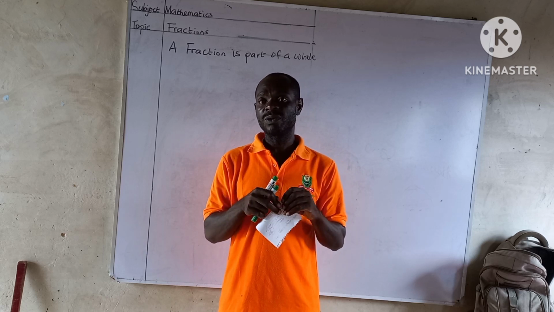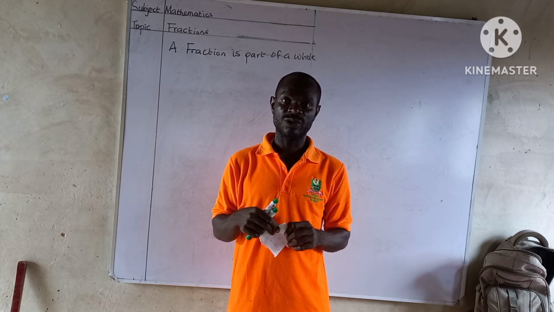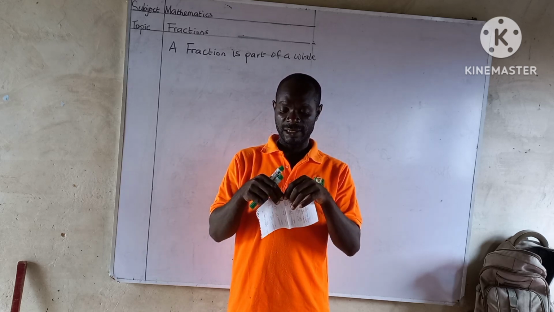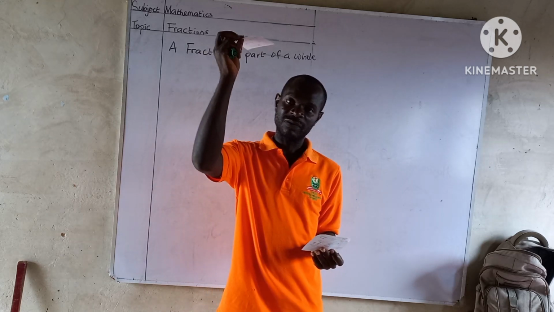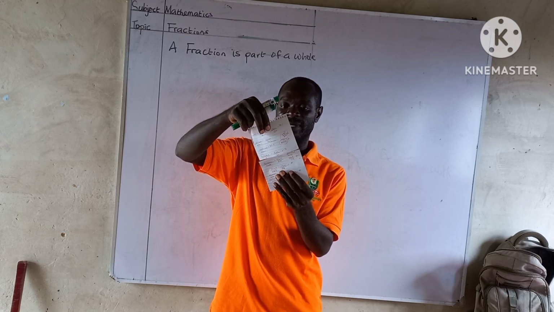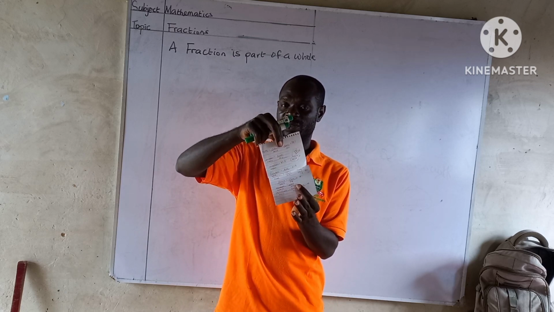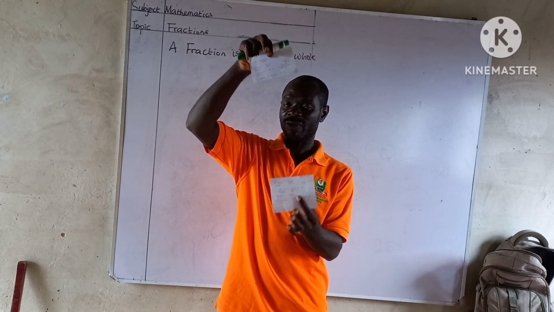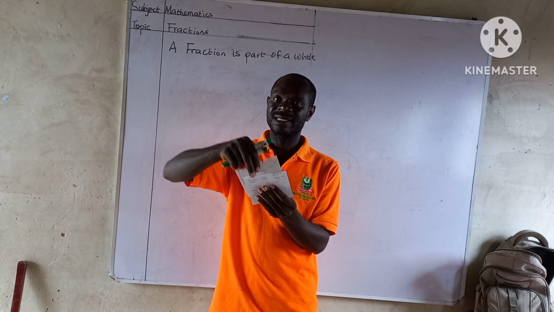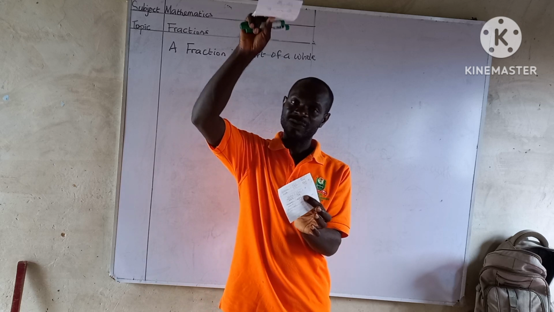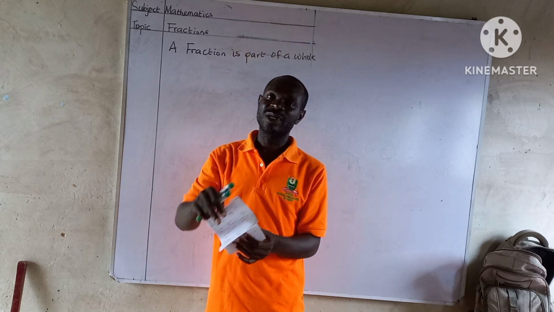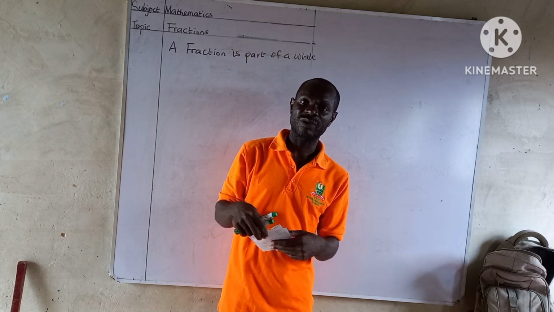If I decide to fold it and tear it into two parts, you will discover that one of these is part of one sheet of paper that was complete before I cut. So this is 1/2. It is a part of one whole sheet of paper. So when we're talking about fractions, we are saying part of a whole.